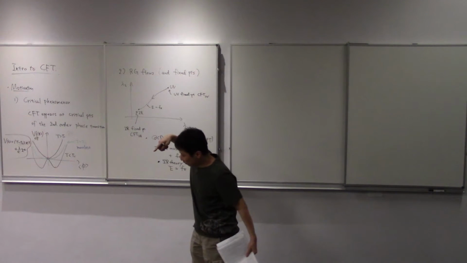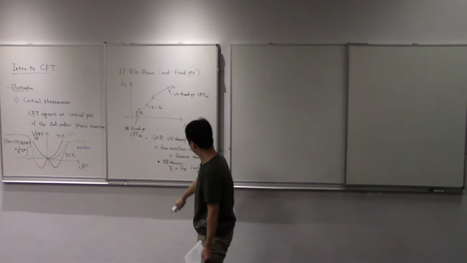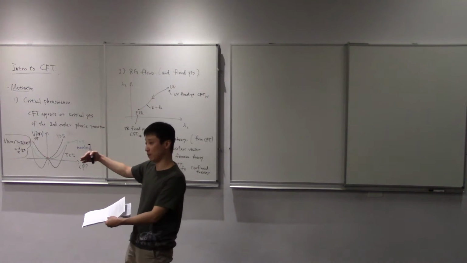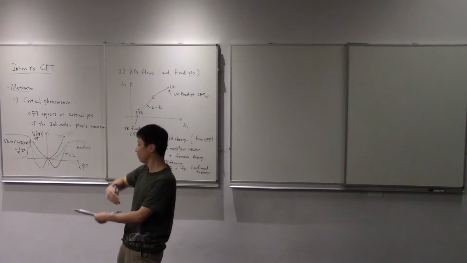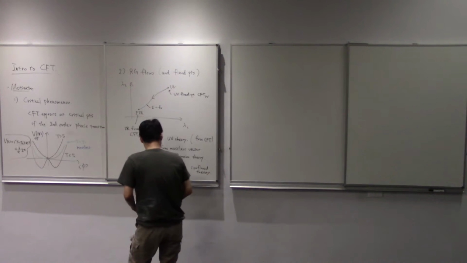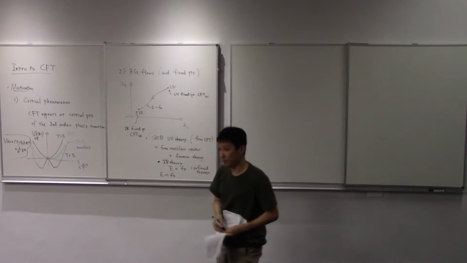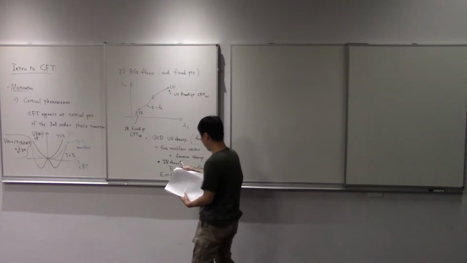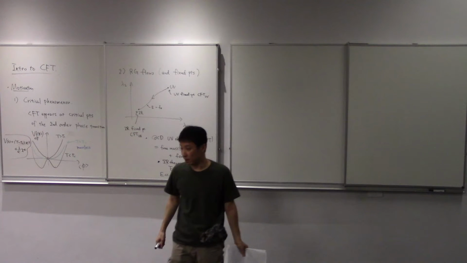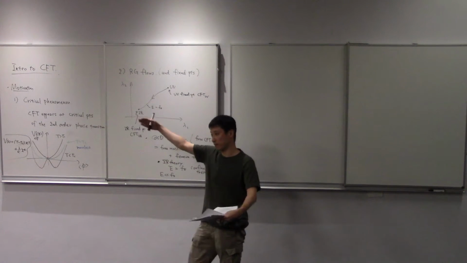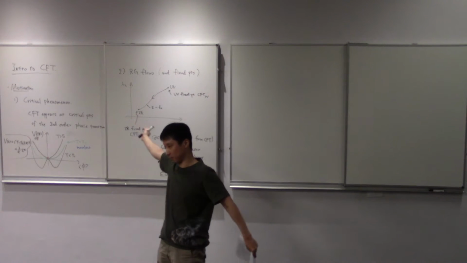As you go to the further infrared, any massive particle becomes irrelevant, because if you are probing an energy scale much lower than the mass scale of mesons and baryons, you can think of these massive particles as infinitely massive.